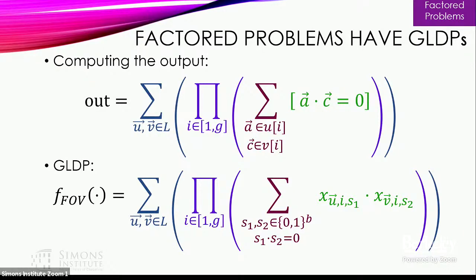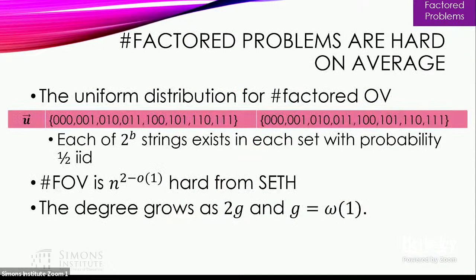What we get out of all of this in the end is that this factored problem is hard on average from SETH. And these factored problems still have a lot of that same combinatorial structure that we use in orthogonal vectors, and we're able to get various graph and string problems hard.